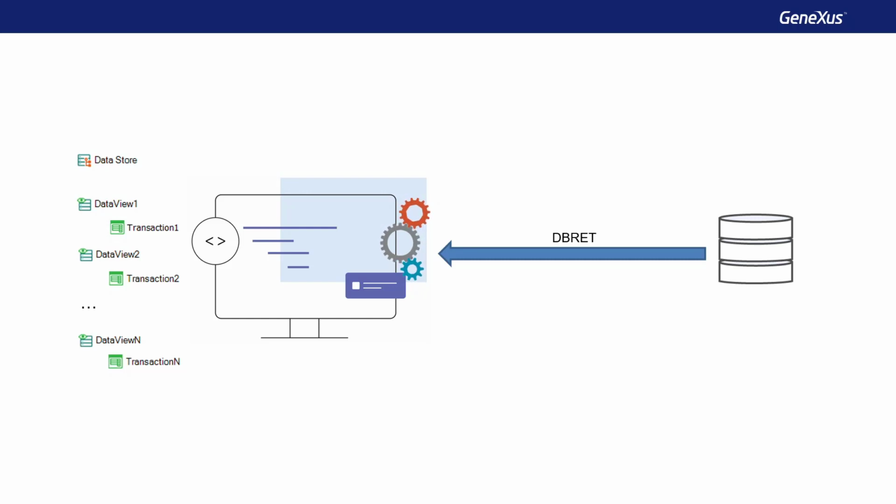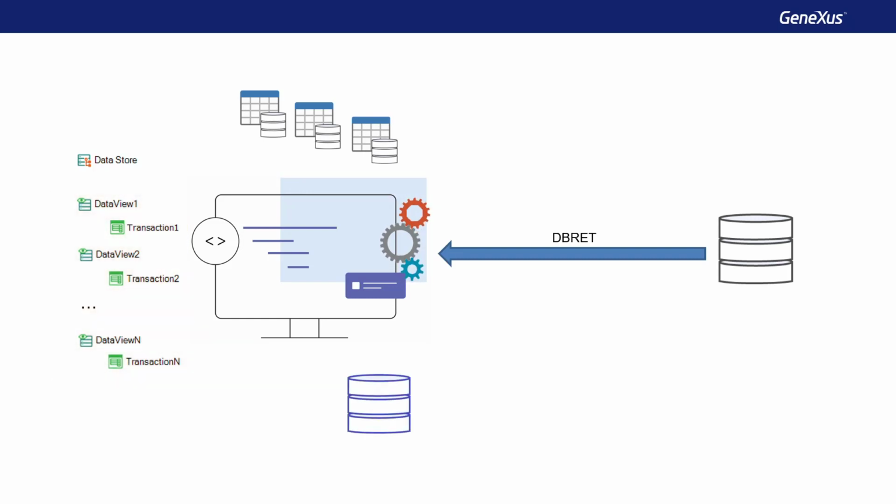This type of solution can also be applied to connect to individual tables in different databases, creating the data view objects ourselves, or using a wizard to import a particular external data store.